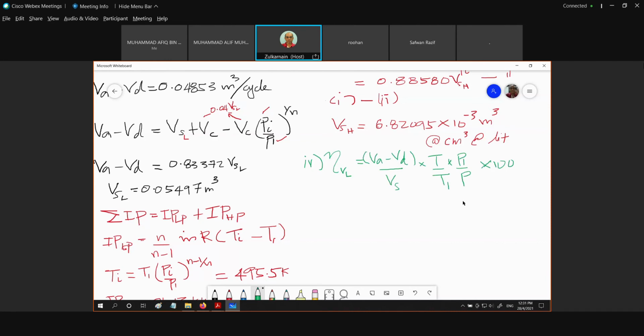This is our VA minus VD. Because we are determining the volumetric efficiency for the low pressure, this is VSL. Okay, everything is there.